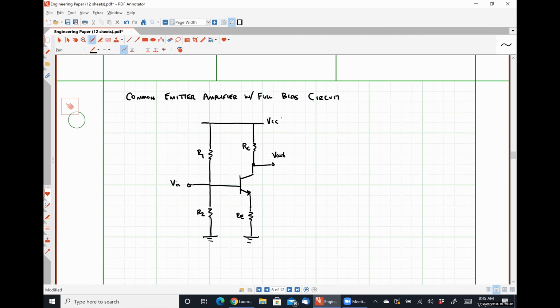So if we want to have the degeneration occurring in the biasing, but not in the small signal analysis or in the amplification, what does that imply? So the biasing circuit, is it a DC circuit or an AC circuit?